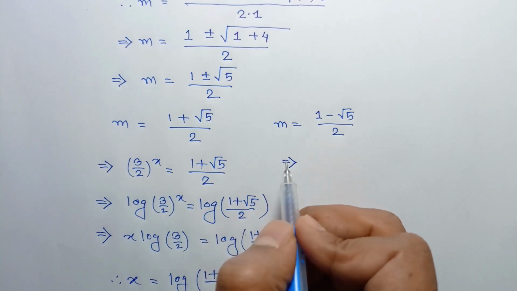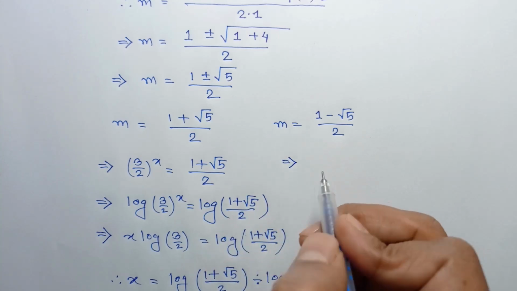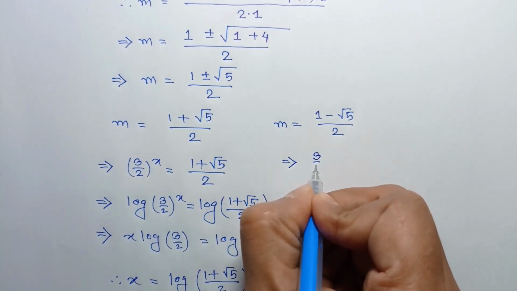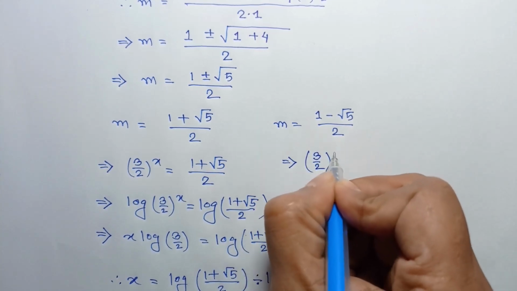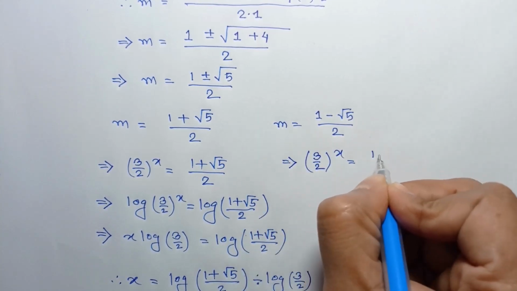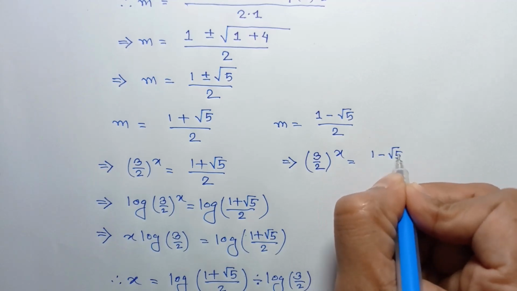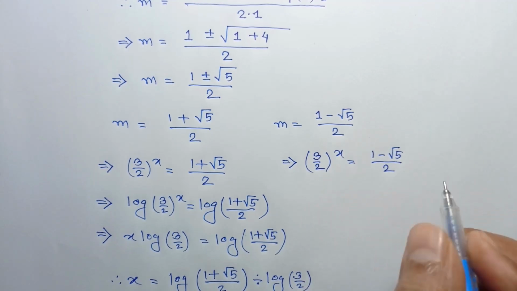And from here we have m is equal to 1 minus square root of 5 over 2. Substituting the value of m is equal to (3 over 2) to the power x, we can write (3 over 2) whole to the power x is equal to 1 minus square root of 5 over 2.